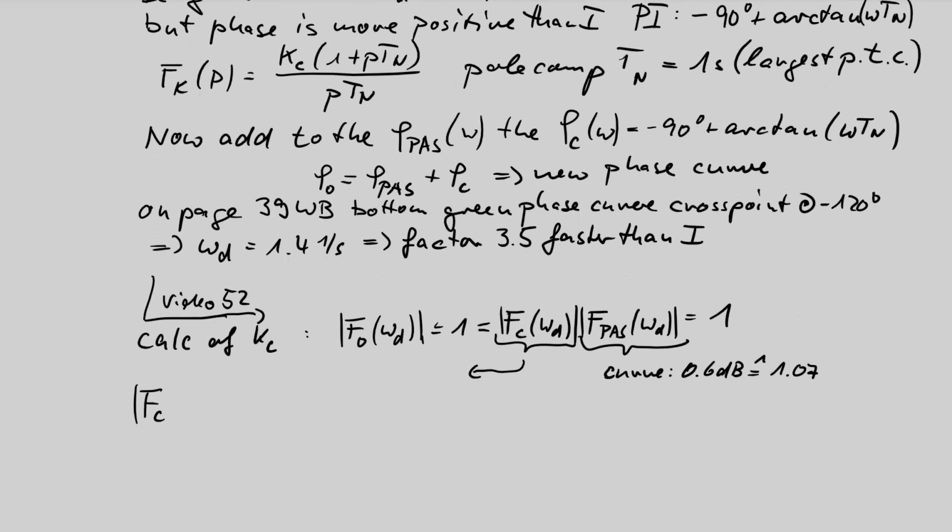Note that the controller transfer function is written here, and now we have to write down the magnitude of this if p is replaced by j omega. So we have to calculate the following expression.